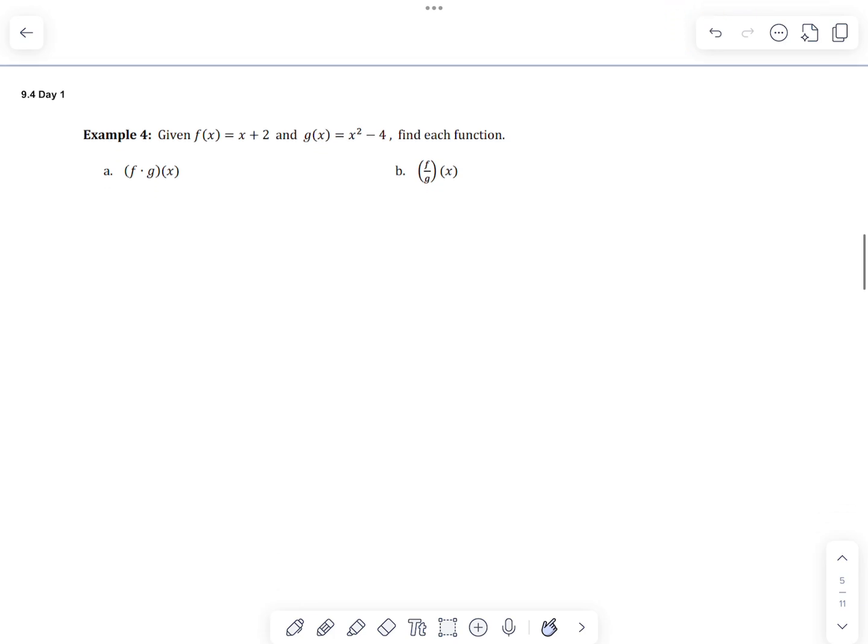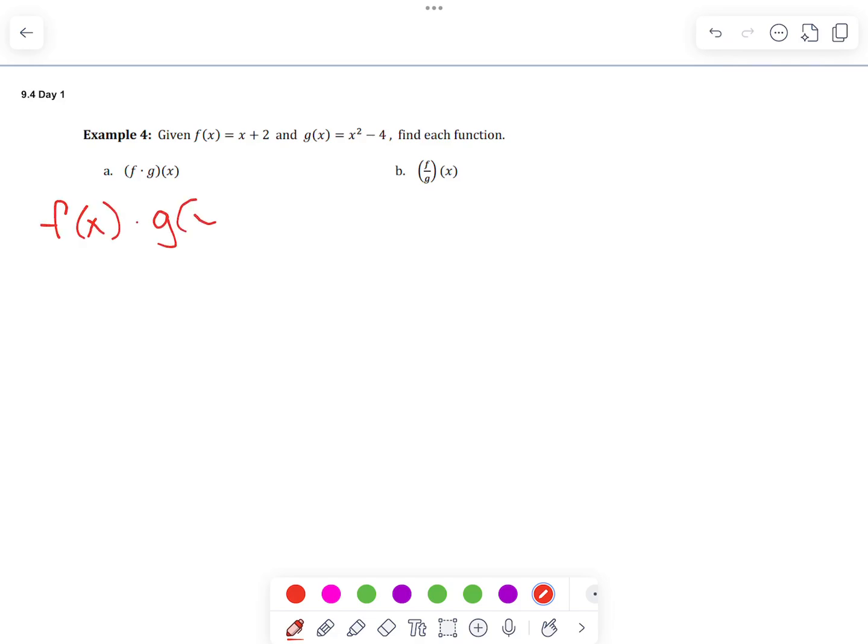All right, here's our last example. We want to multiply f of x times g of x. So x plus 2 times x squared minus 4. So we're going to FOIL, or distribute.